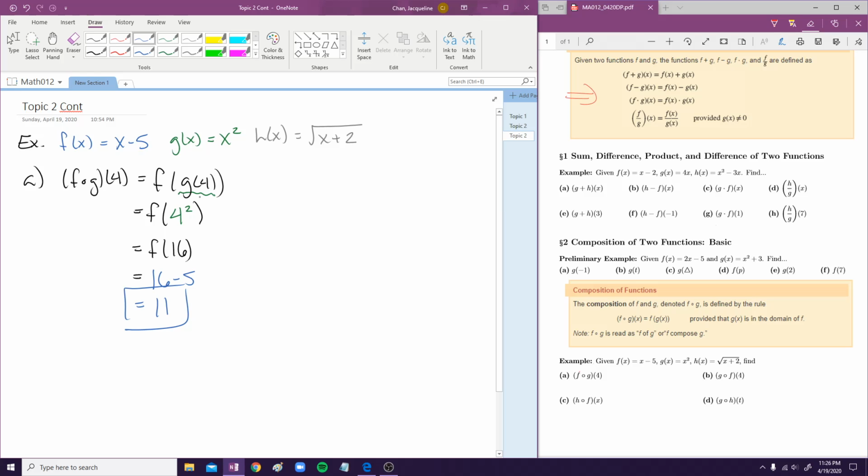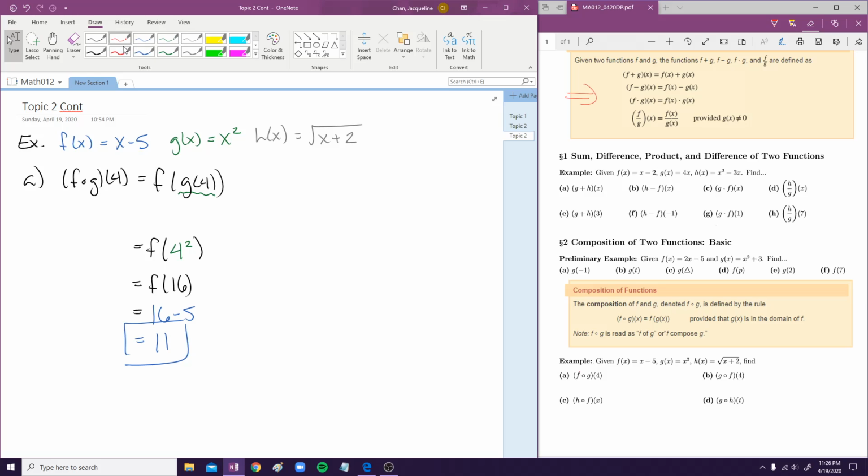Over here it's just more customary to keep it in the parentheses, but if you'd like, you can also make a side note. Let me show you. If I add some space here, I can put a side note: g of 4.